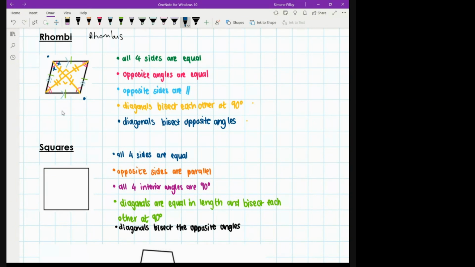They've been cut exactly in half. And because these opposite angles are equal, on this side, this will be x and this will also be x. And this will be y and this will be y because it's been bisected. And because the other side has also been bisected and its angle is equal, it can also be y and also be y. That is a rhombus.